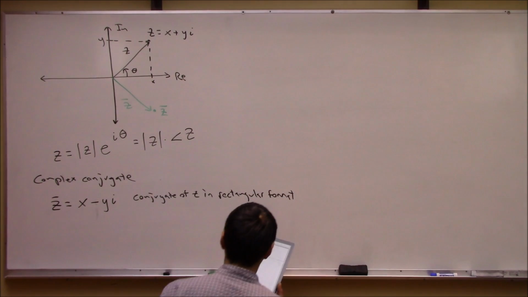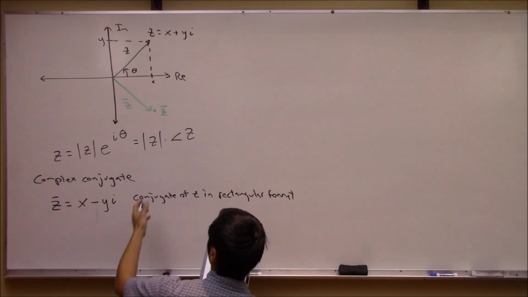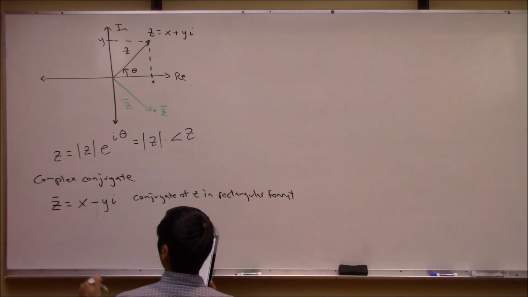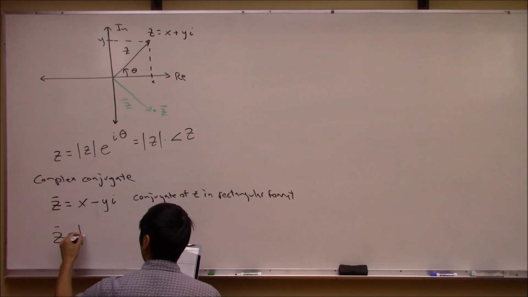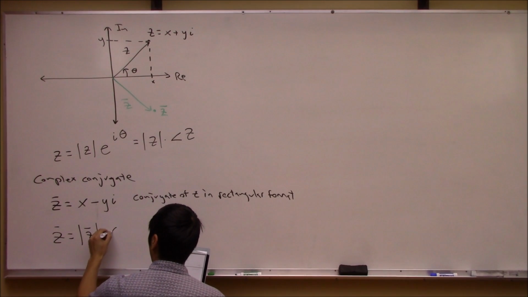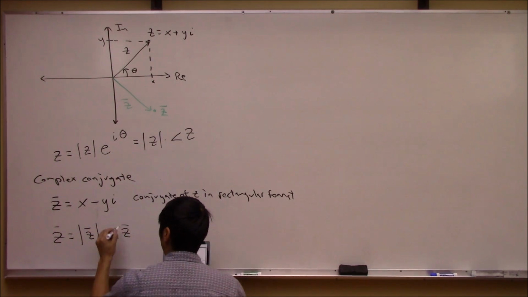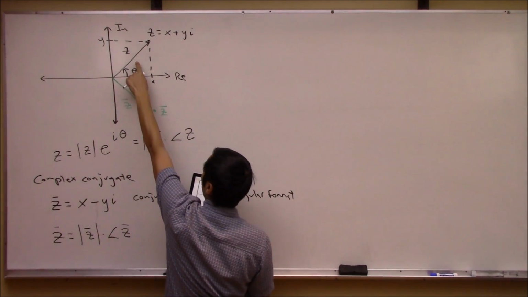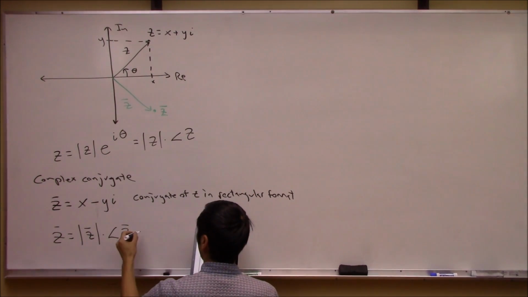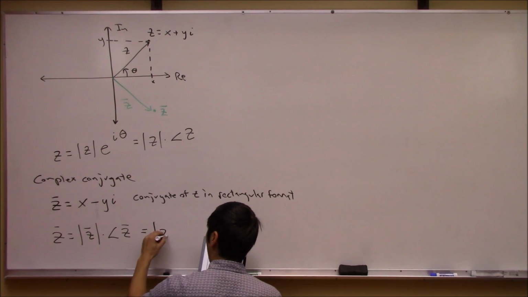But using our previous discussion on Euler's formula, the alternative way we could write this is that z bar is a magnitude of z bar times an angle associated with this vector z bar. And again, we see the magnitude is actually the same as the magnitude of z.